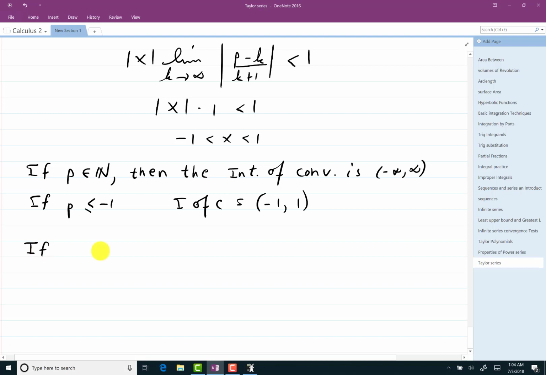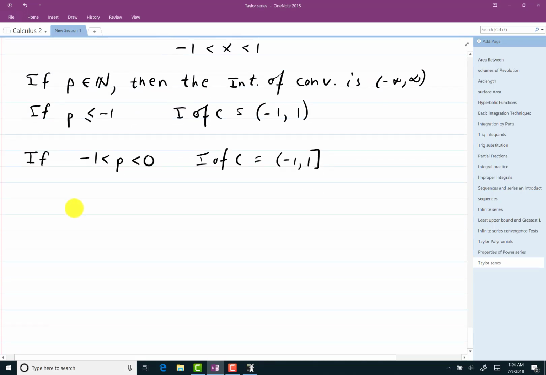If negative 1 is less than p is less than 0, and if p is positive but p is not a natural number, then the I of c equals negative 1 to 1, but including the endpoints.